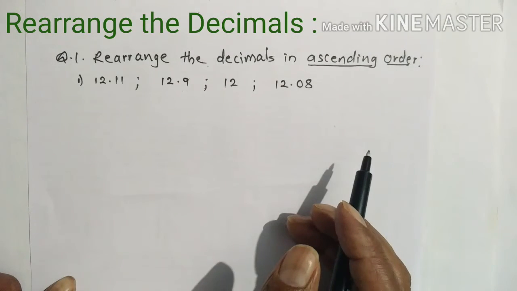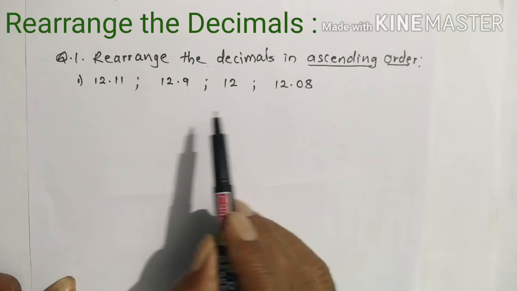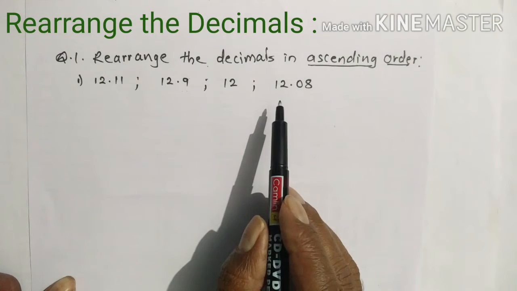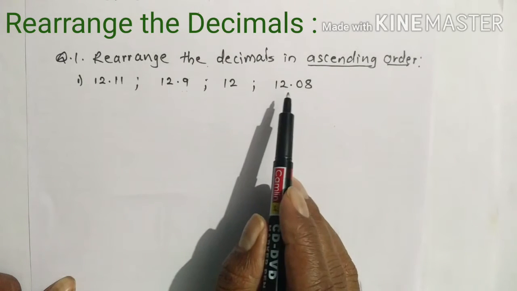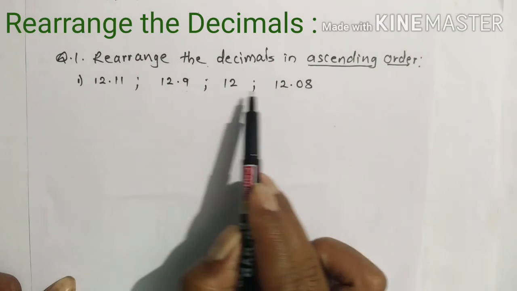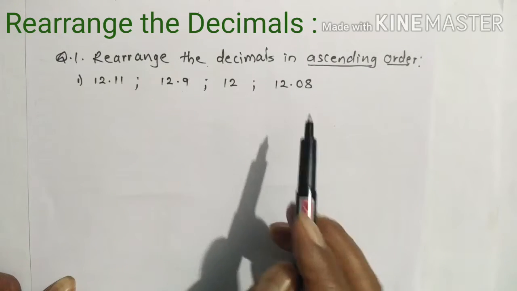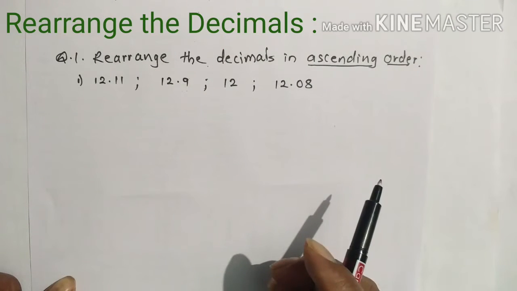Before arranging in ascending order, we have to know whether they have an equal number of decimal places or not. If they do not, then we have to make the decimal places equal, which means we have to convert all these decimals into like decimals. How to convert? Just count the largest number of decimal places.